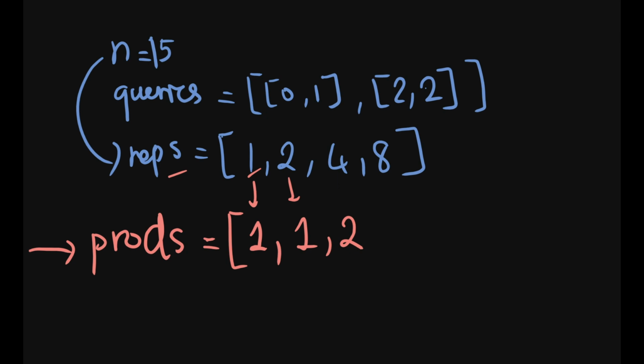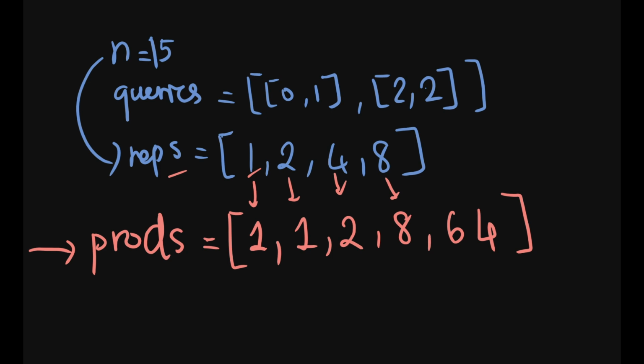Now 4 multiplies the previous product in prods, and now we get 8. And 8 here will multiply the previous value in prods, and we will get 64. Now our prefix products are ready, and you can start processing the queries.